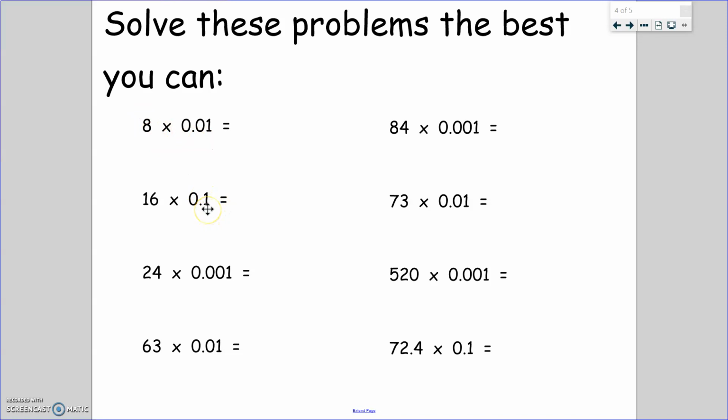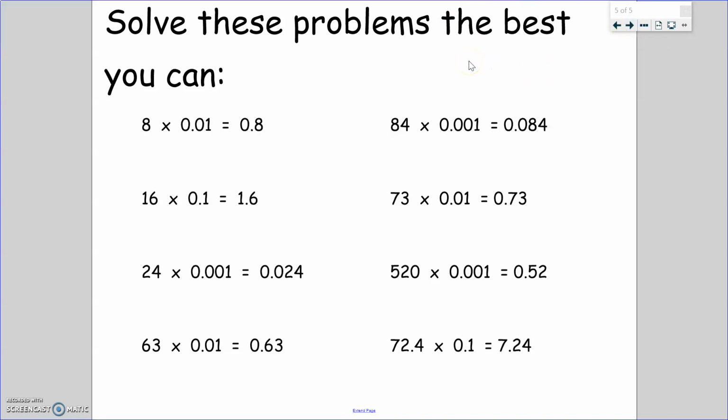And if this is 1/10 times 16, well, 1/10 times 16 is 1/10 of 16. So don't be fooled by the decimal point shifting the opposite direction, because I think what you know is that all of these multiplying problems in turn also are division. So go ahead and pause it, work on the problems, and then when you are ready, resume the video, because I'm about to flip to the next screen to show you the answers.